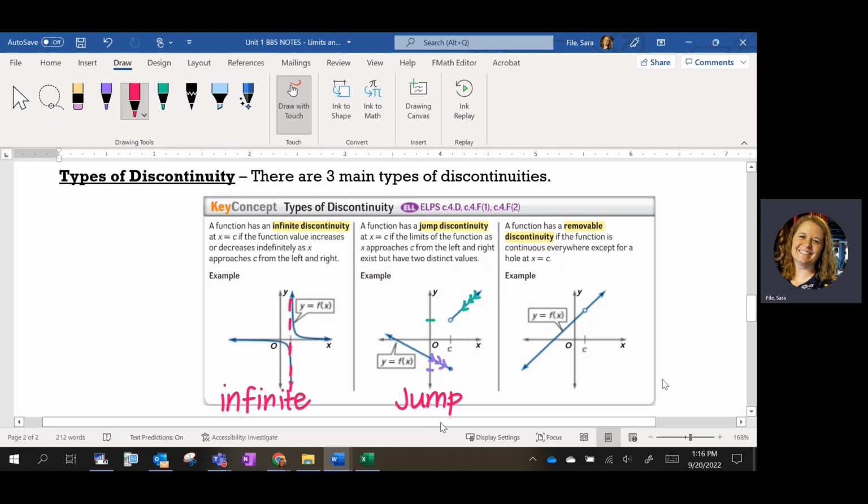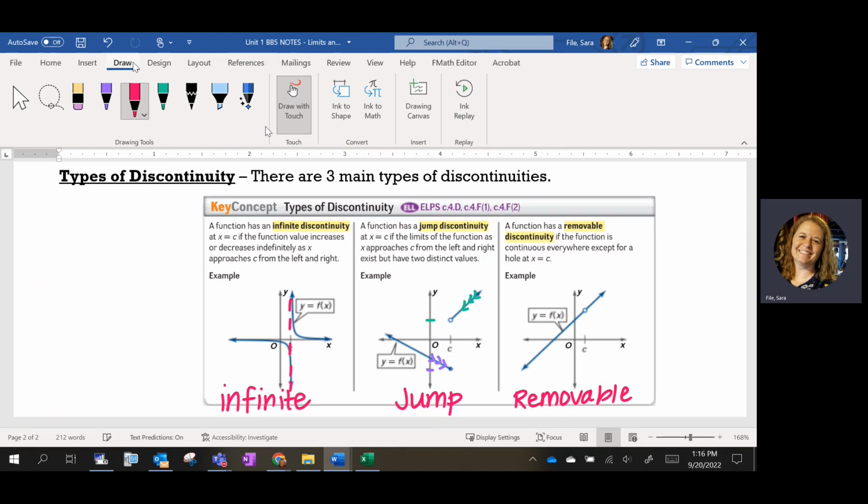And then last but not least is called a removable discontinuity. Okay, this happens when your function is continuous everywhere except for a hole. So when you have a hole in your graph, that is called a removable discontinuity.